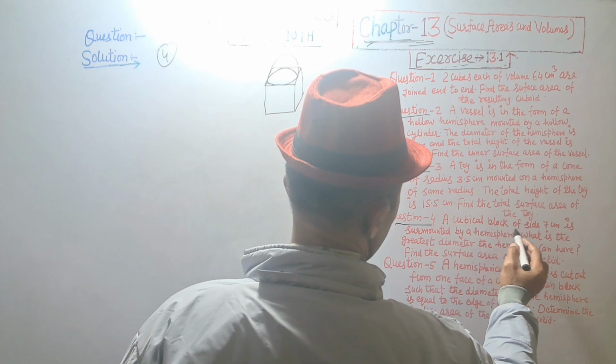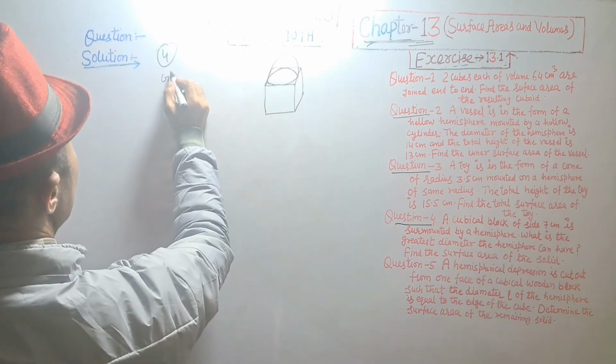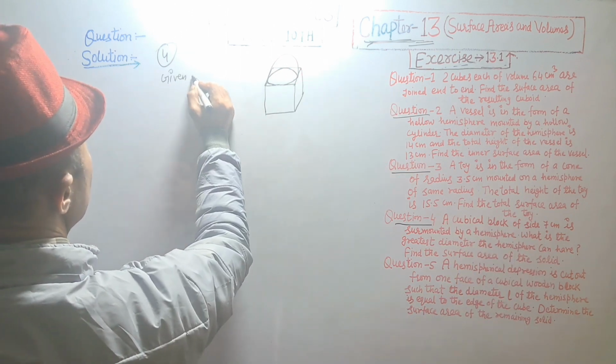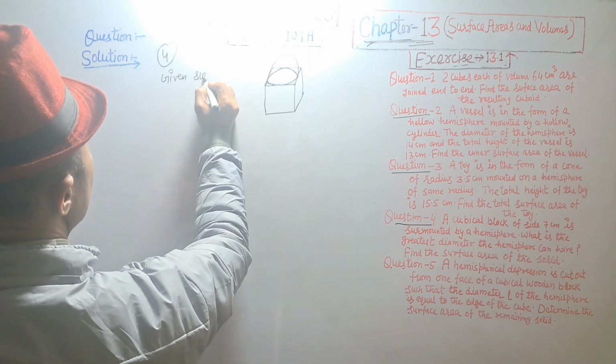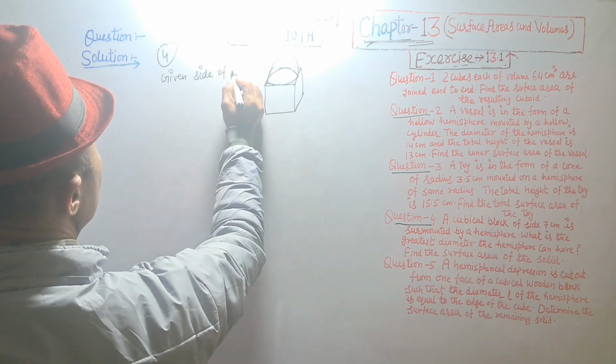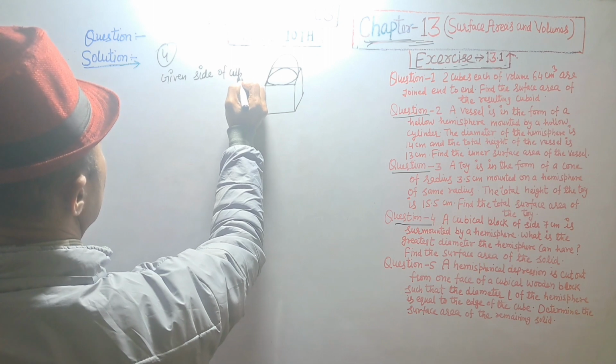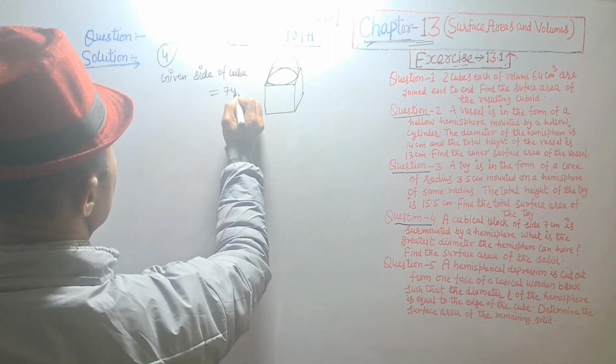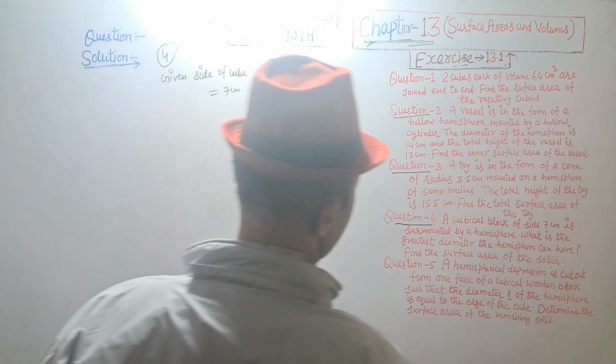A cubical block of side, given side of cube is equal to 7 centimeter.